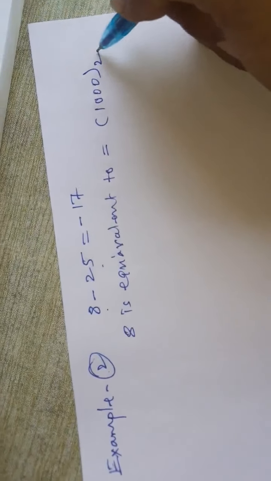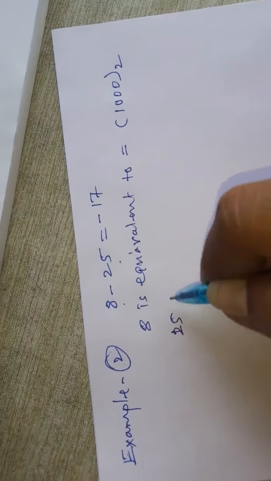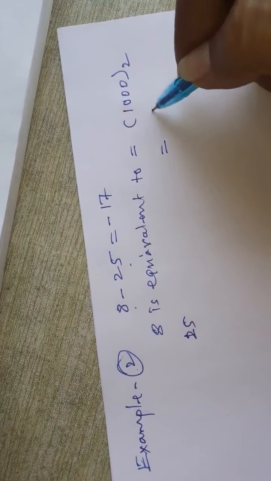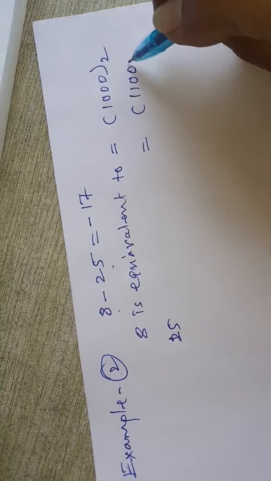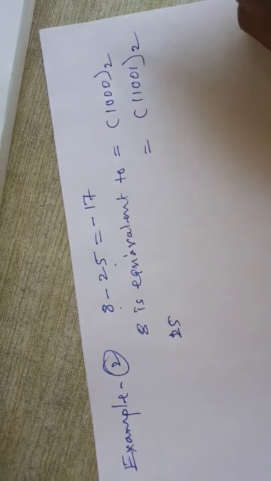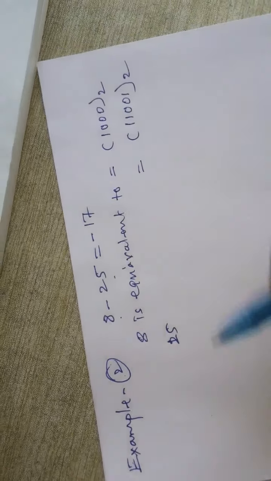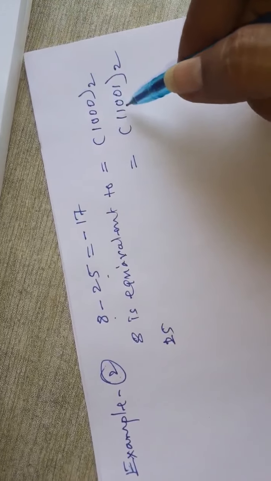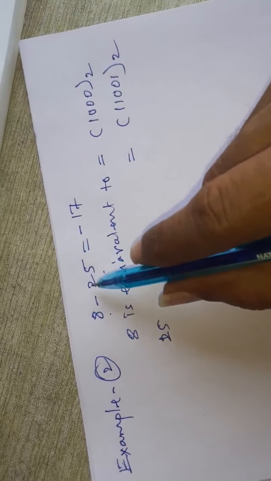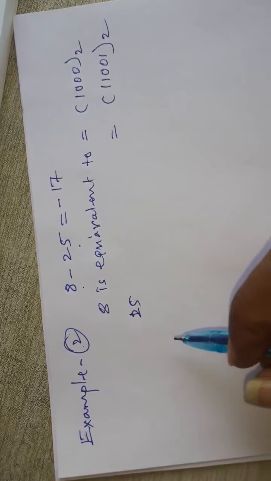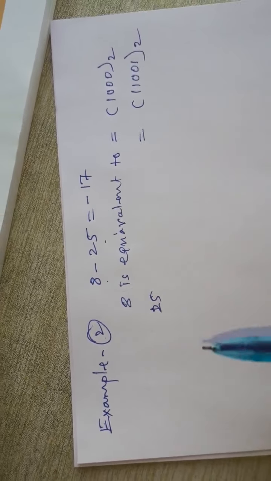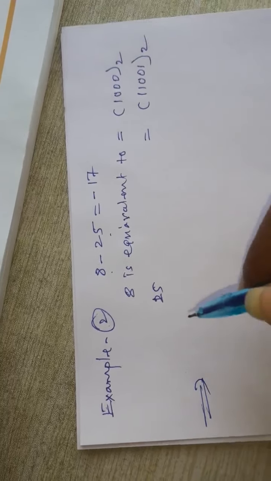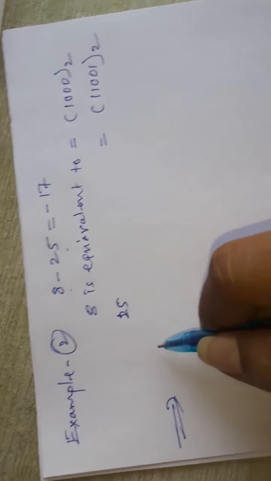This is the binary equivalent, and 25 is equal to 1 1 0 0 1. This is the 25 equivalent. So we have to subtract 25 from 8 in this calculation by using 1's complement. So how can we do this? First take two equations.